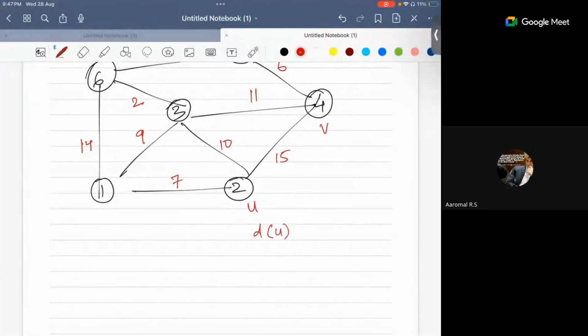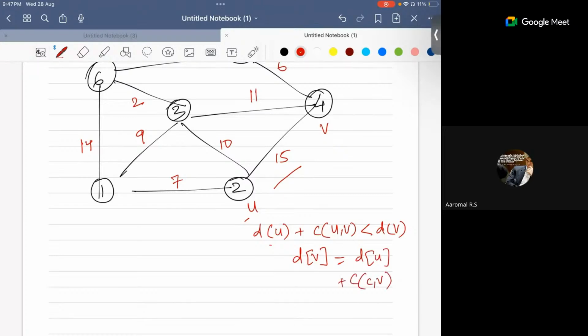If dU plus the cost of going from U to V is less than dV, then you can update the value of dV as dU plus cost of UV. This is what you have to do.